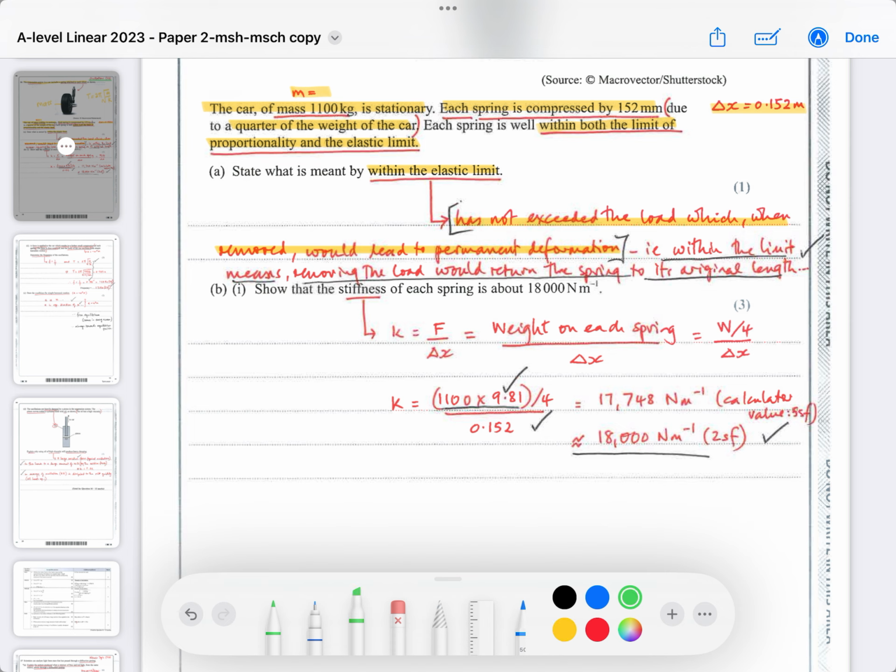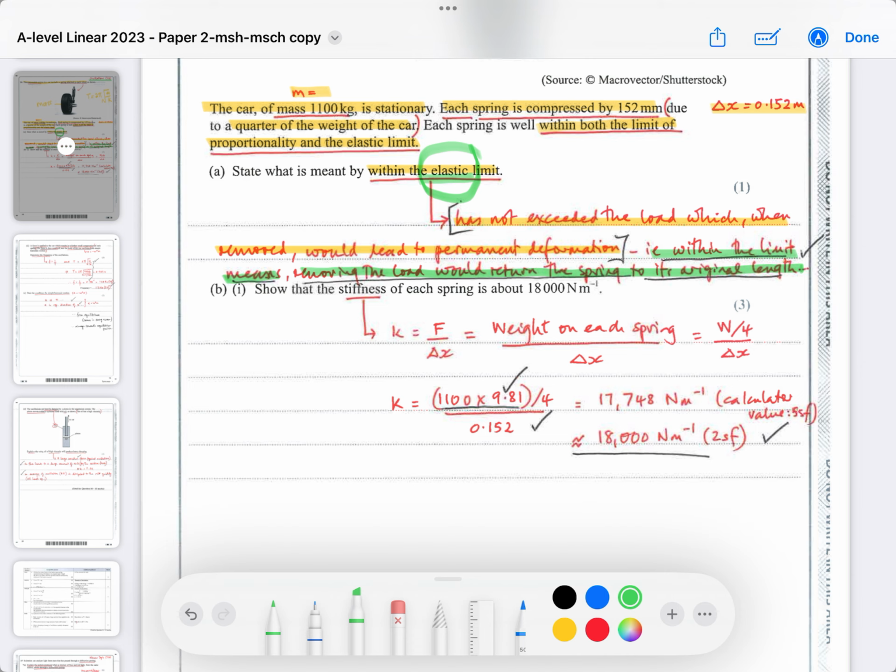So how do you define it? Within the elastic limit means removing the load would return the spring to its original length. Okay, so it's in its elastic phase, and that's basically what you got to explain.